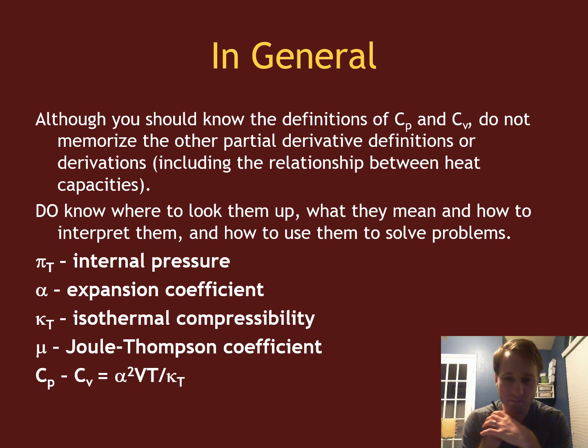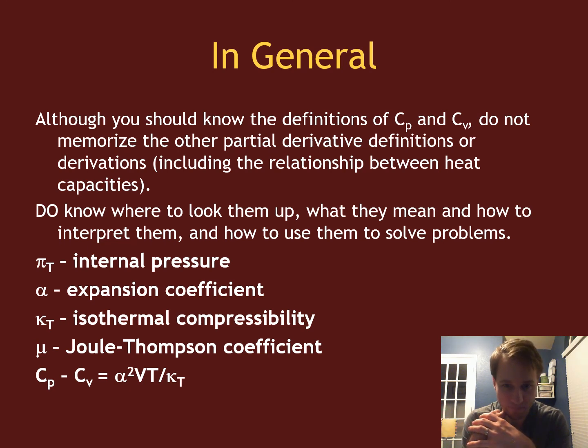This video is to show you where these relationships come from. It's a little bit of a dive into more advanced thermodynamics and thermal chemistry, and how one tries to derive relationships between things that we can measure and understand in lab, by using partial derivative rules and some advanced multivariable calculus.